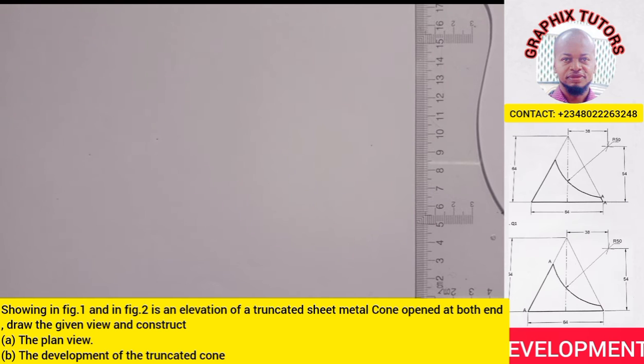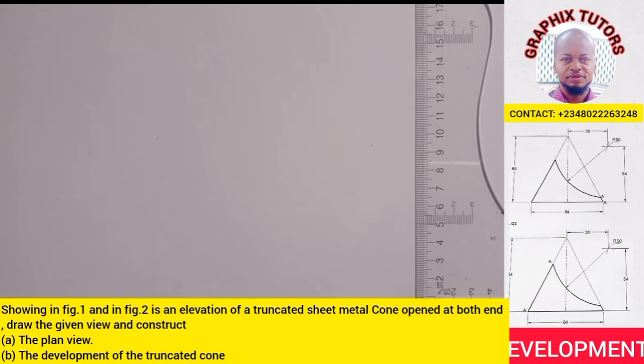Draw the given view and construct A plan view, B the development of the truncated cone with the seam as indicated. Now, before I say anything here, I'll first of all draw out the given views that were illustrated in the figure given. So let's start.